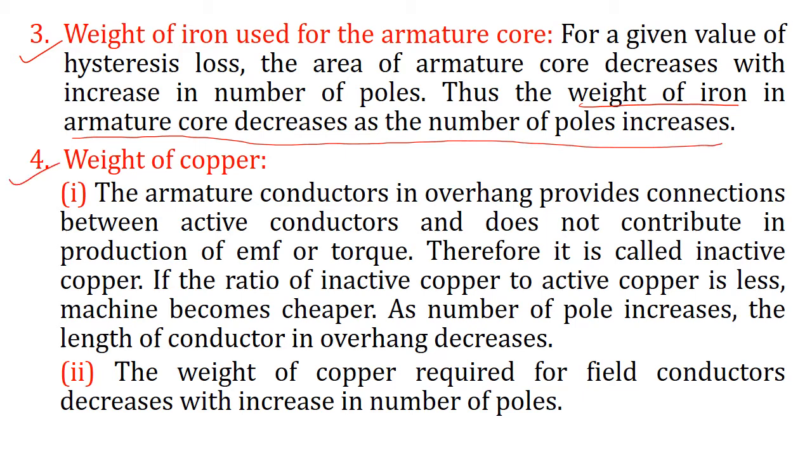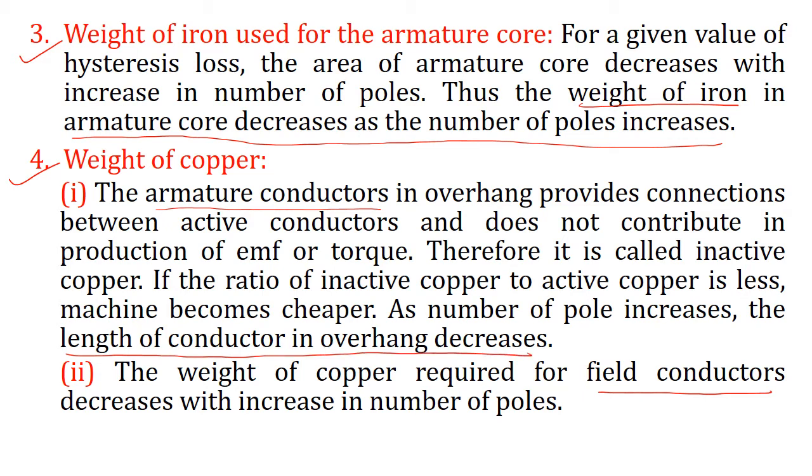Next point is weight of copper. There are two aspects, weight of copper in armature conductors as well as the weight of copper in field conductors. Both are to be considered. In the case of armature conductors, if you increase the number of poles, then the length of overhang decreases.